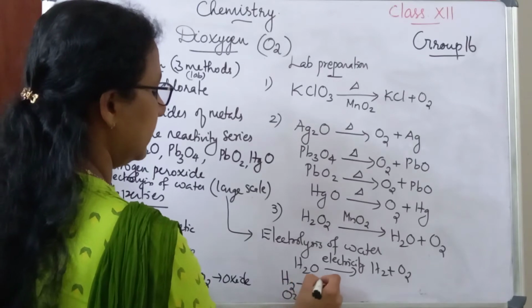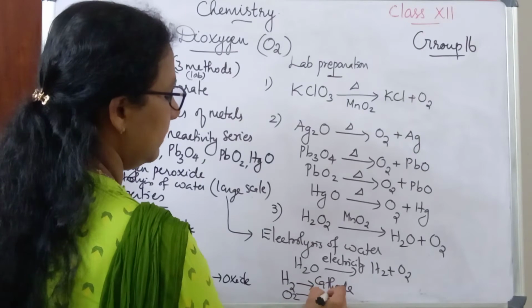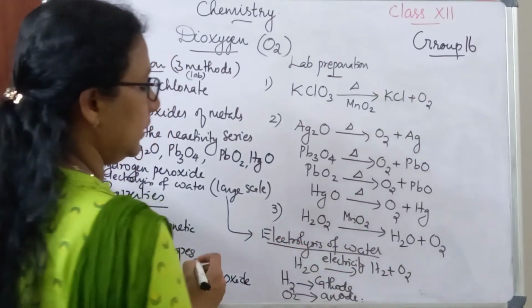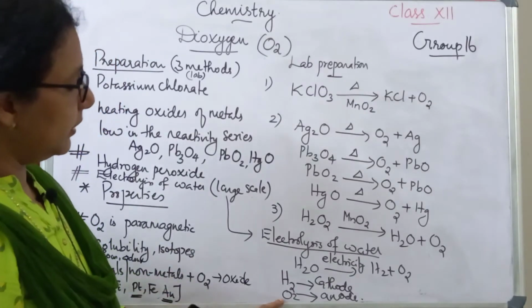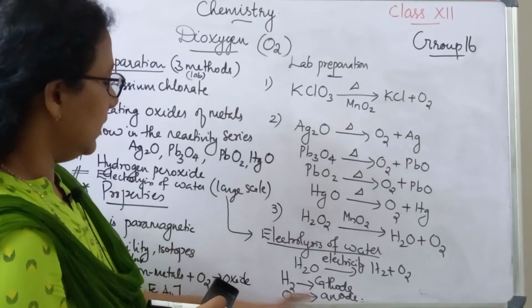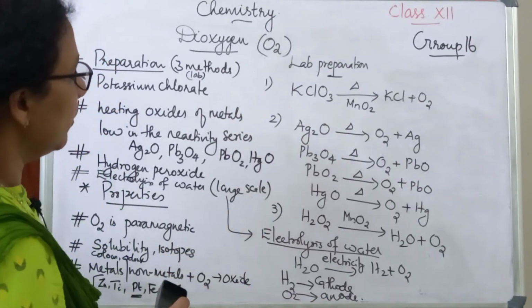H2 will be formed at the cathode and oxygen O2 will be liberated at the anode. This is a large scale method for the preparation of oxygen.